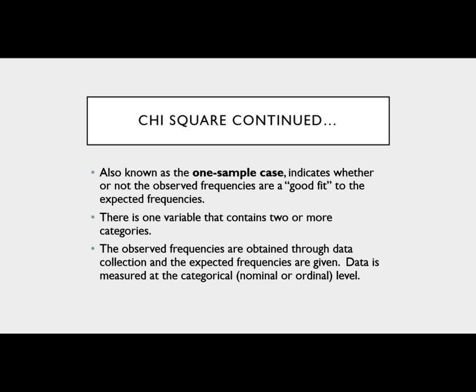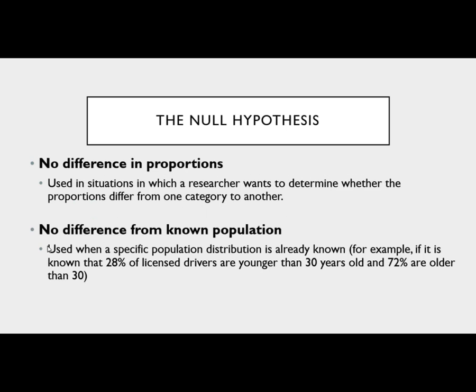There is one variable that contains two or more categories. The observed frequencies are obtained through data collection, and the expected frequencies are given. Data is measured at the categorical, nominal, or ordinal level. So the null hypothesis could be that there is no difference in proportions.